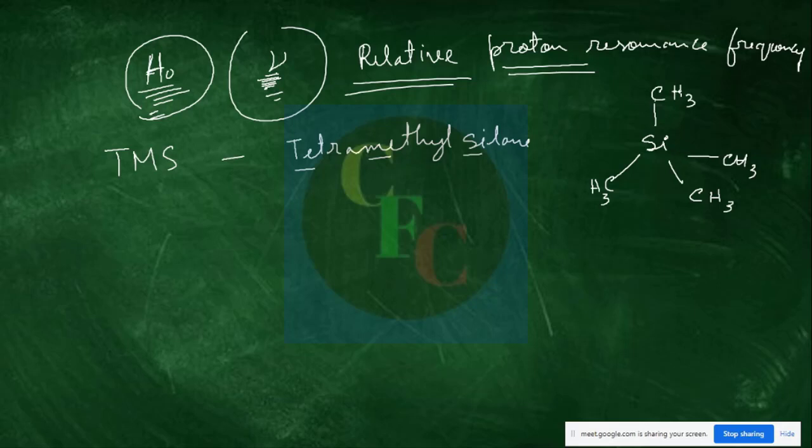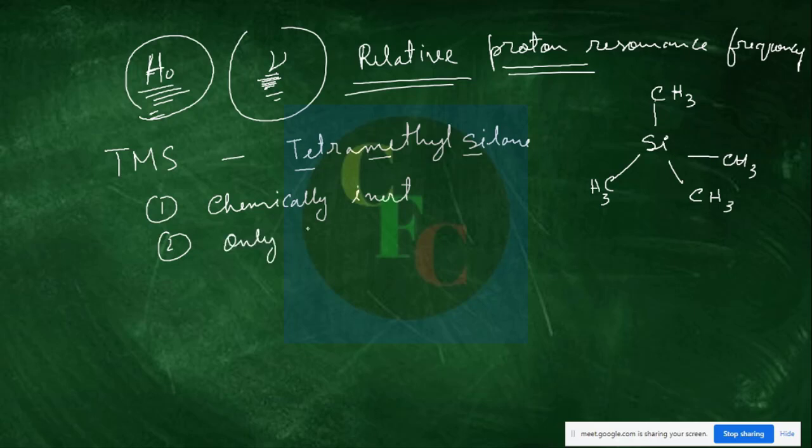So how many types of proton here? You see, why is TMS used? Mostly because, first, it is chemically inert, so it does not react with anything else. Two, there is only one kind of hydrogen or carbon.